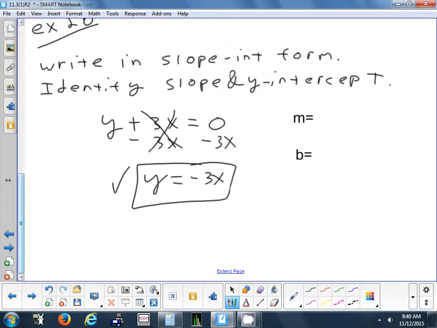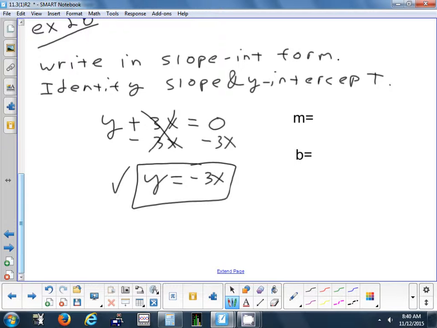And when you have to identify, just don't get tripped, that's all. What's my slope? 3. Nope. Close. The slope, where is the slope in the equation? What do you look for? Yeah, how did you know that? This is the variable, it's right next to the variable.